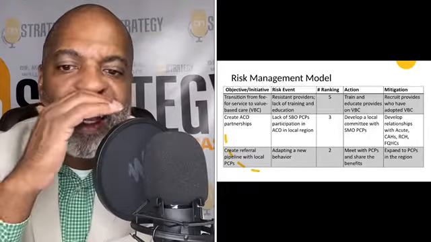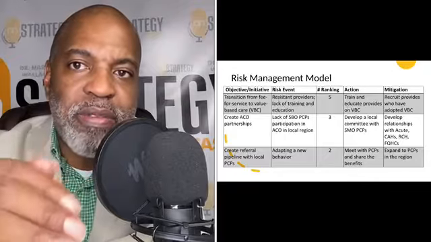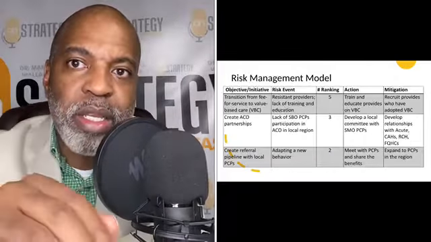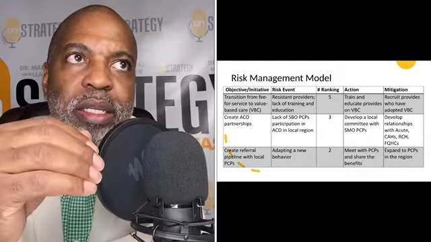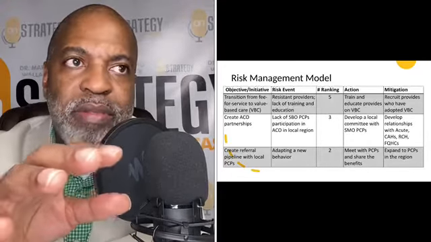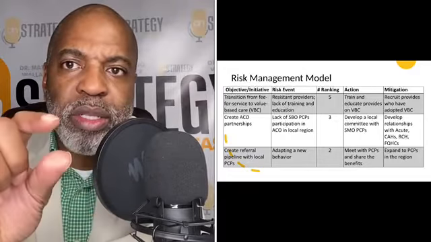So this is healthcare, and as you see, the first objective could be transitioning from fee-for-service to value-based care, with an organization having like 80% fee-for-service and 20% value-based care.